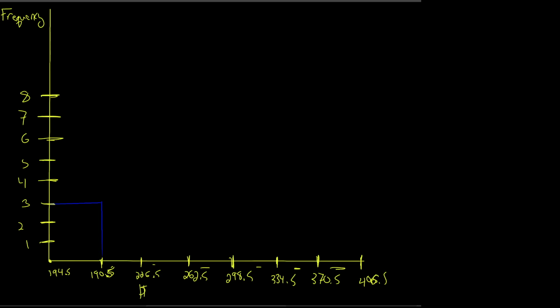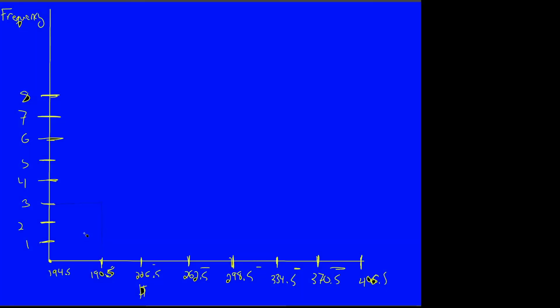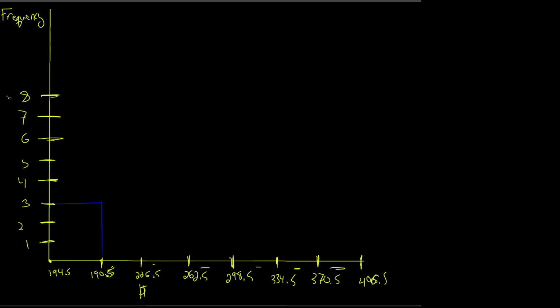Let me see if I can color this in. Oh, no, that colored everything in. Bad job. That's trying to be a little fancier than I should be. Let's try that, just to get the visual representation here.